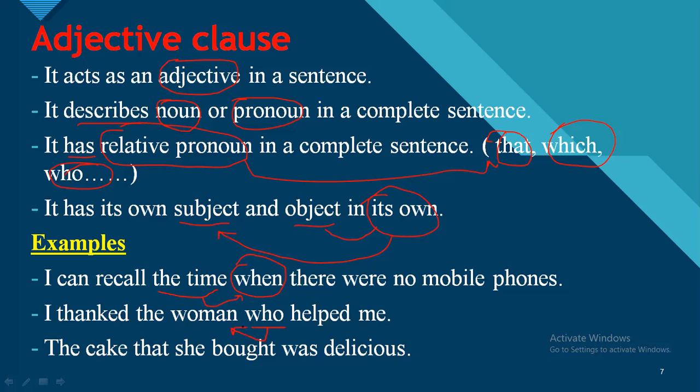It is also joined with the relative pronoun "who." "The cake that she bought was delicious." The sentence is joined with "that." It is also one of the relative pronouns, and it describes the noun and gives the complete sense in a sentence.